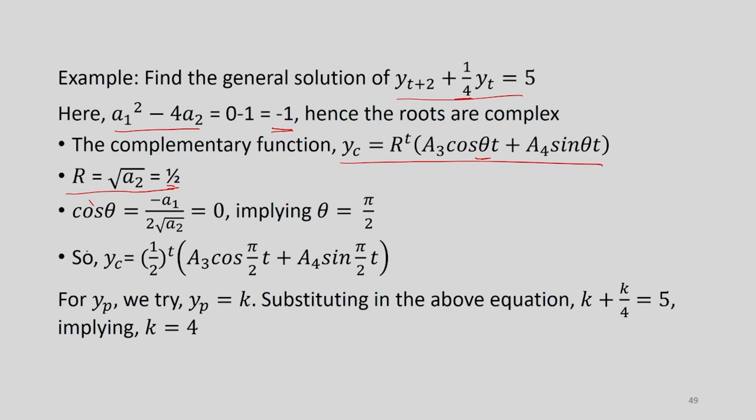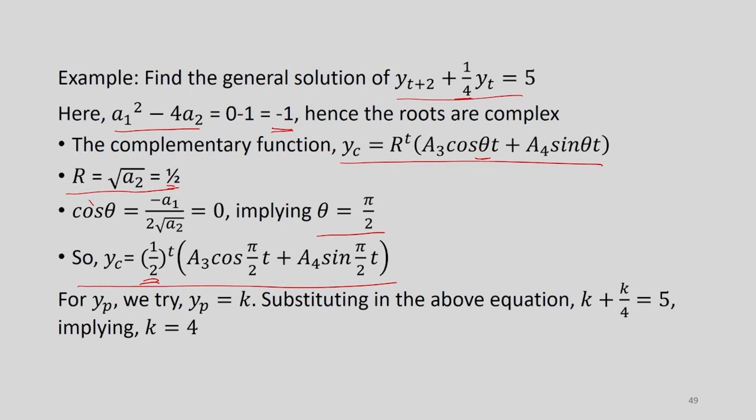So, cos theta is equal to 0 means that theta is equal to pi divided by 2. That information is used to get the complementary function, which is half to the power t, the r to the power t term, multiplied by a3 cos (pi by 2)t plus a4 sin (pi by 2)t. So, this is the complementary function.